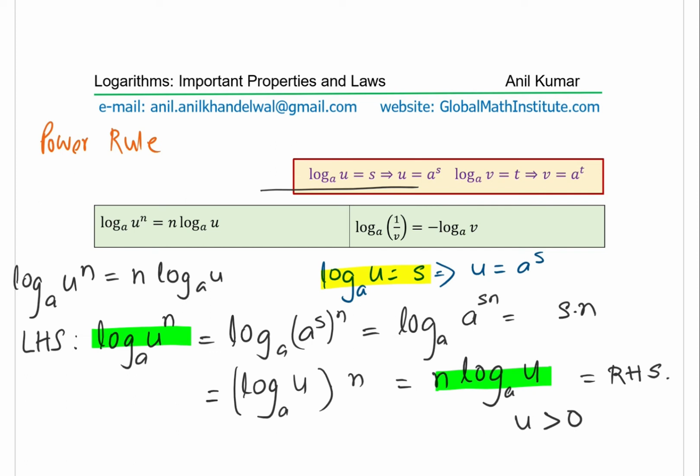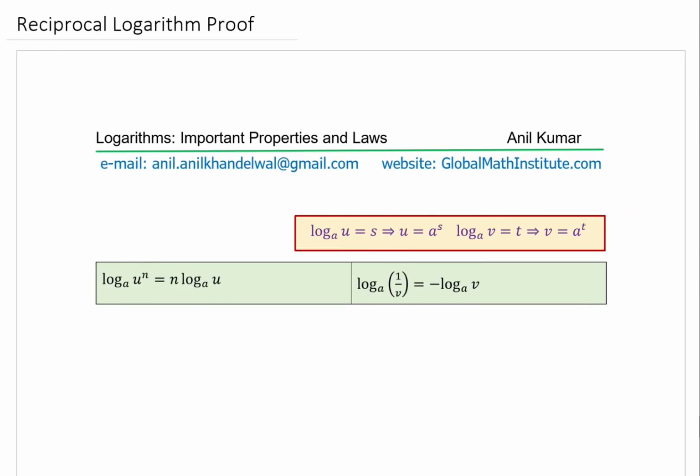Perfect. Now let's take the next one, where this time we are going to do the second part, which is a very special case. Now we can do it in two ways. We could use the formula which we just derived. So log to the base a of 1 over v can be written as log to the base a of v to the power of minus 1.